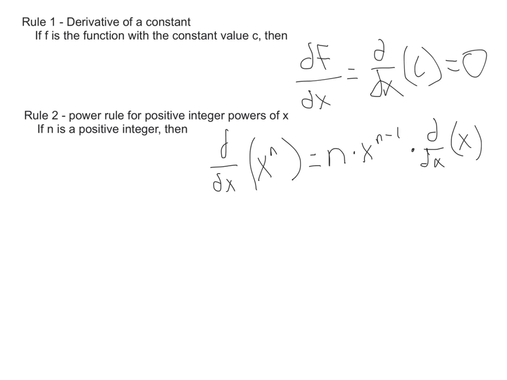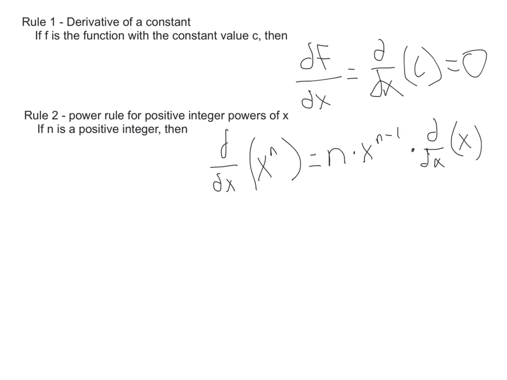So if I have y equal x cubed, and I want to find the derivative of x cubed. Now before, we had to do this, okay? And that was not a whole lot of fun, especially when our power is greater than 2. But now all I have to do is apply the power rule.